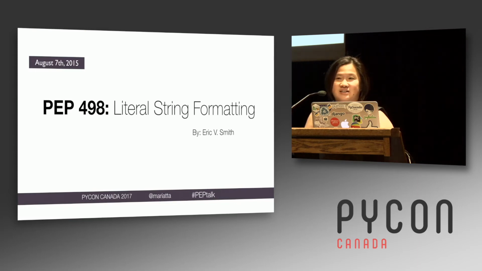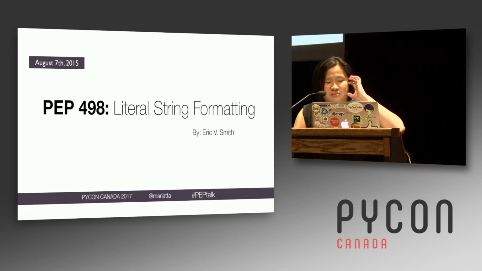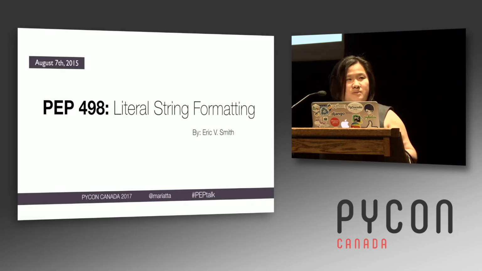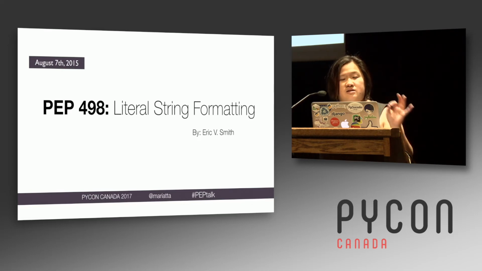A few weeks later, he came back with a PEP. He wrote to Python dev and said, hey, friends, I started a new PEP called literal string formatting, and I have a fully working implementation. I'm open to any suggestions, give it a read, and I'm open to a better title than literal string formatting.